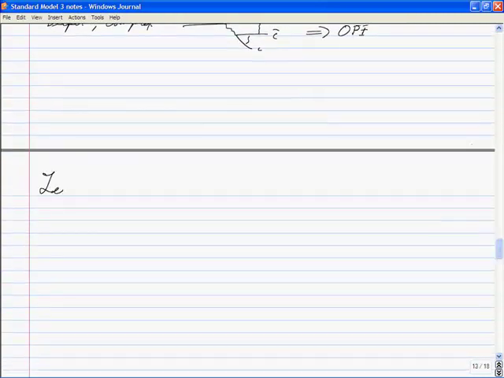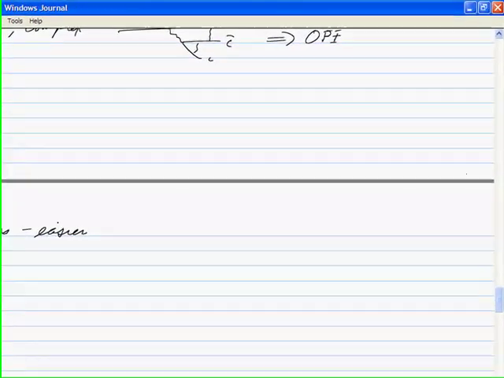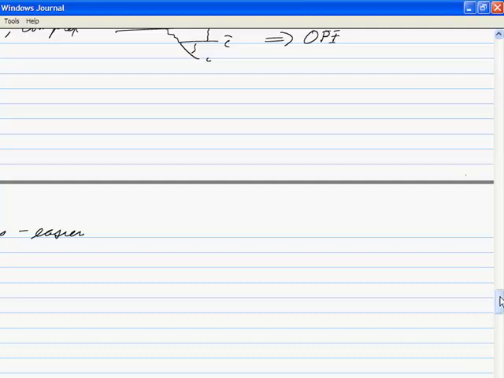The leptons, however, are easier. The effects of higher order things are much weaker. So let's just give the example.